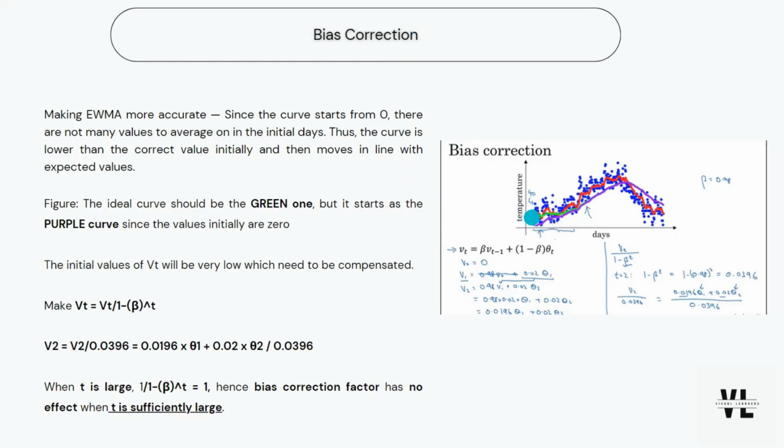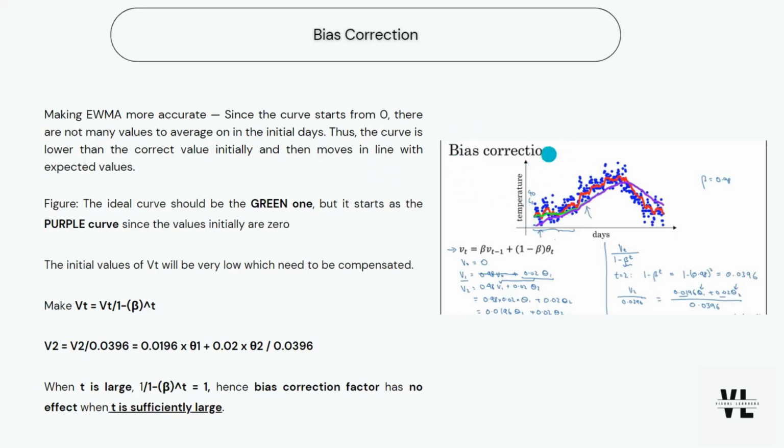What is happening is, in reality, if we don't apply bias correction when we compute the exponentially weighted moving average over the initial days, then we're not going to consider a lot of days for computing the average, so the value will start as 0. But we don't want to start the value as 0.